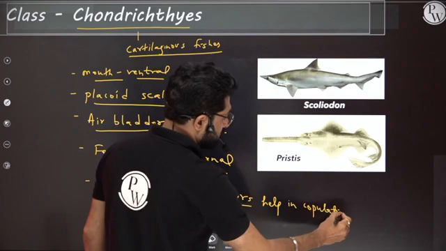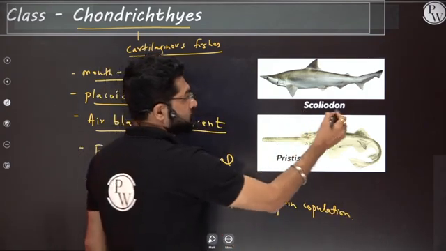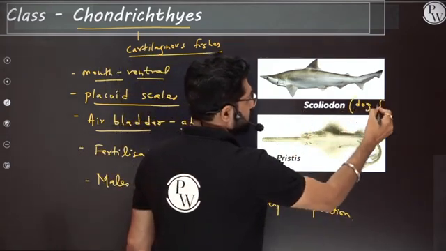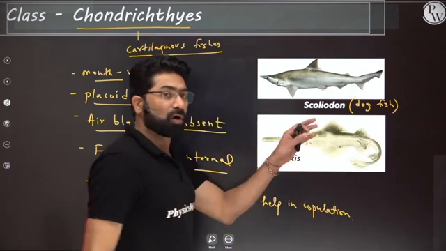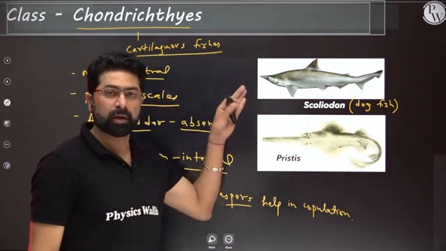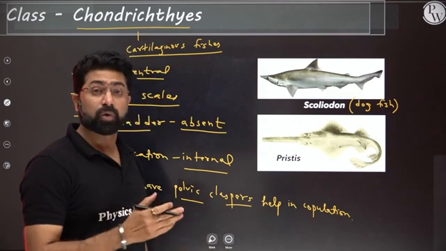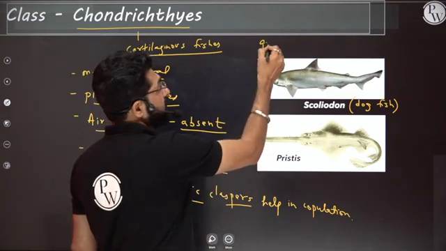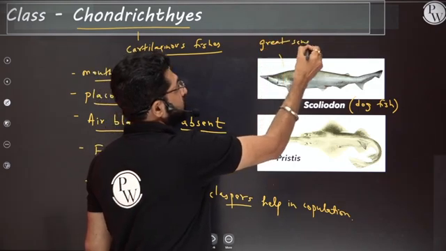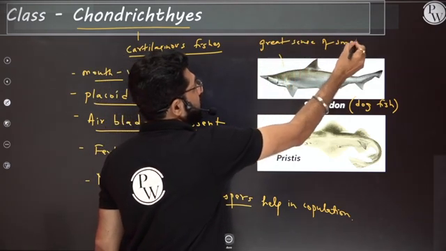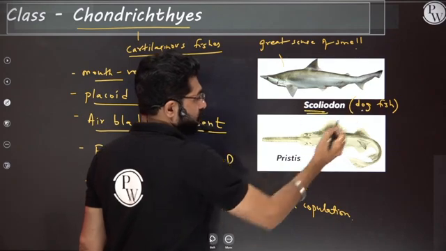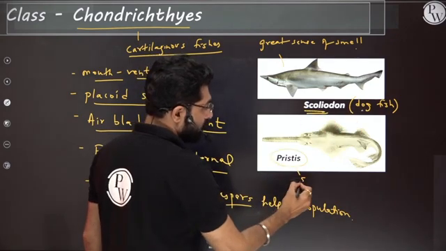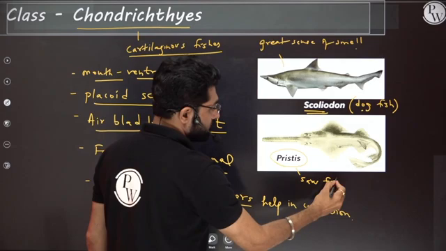Now let's see some common names. Scoliodon is called dogfish. It is not called dogfish because the mouth looks like a dog or it barks like a dog. It is called dogfish because it has a great sense of smell. Pristis is commonly called sawfish.